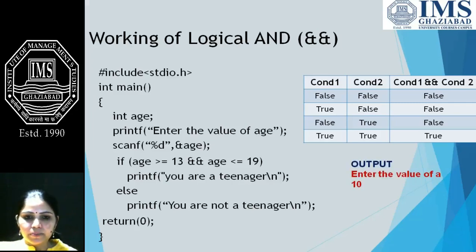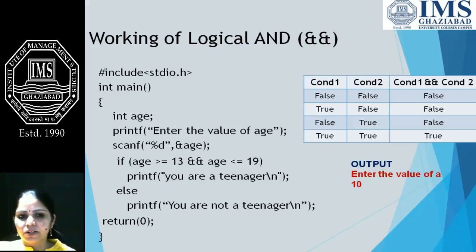For example, I have entered age as 10. Now when I enter the age as 10, is this age greater than equals to 13? False. Is this age less than equals to 19? True. So that means our third row in our truth table, false and true leads to false.